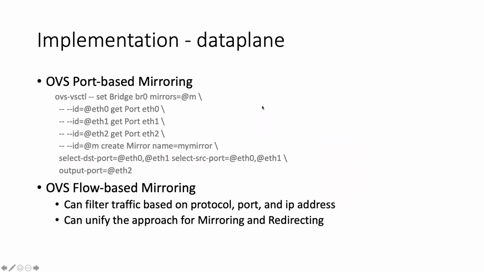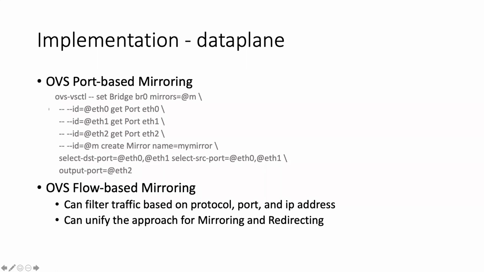And for data plane implementation, for mirroring, we have two choices. One is leveraging the Open vSwitch mirror function directly. However, it is port-based. So, for example, in this example, it creates a mirror object specifying that traffic entering or coming from eth0 and eth1 will be mirrored to eth2.